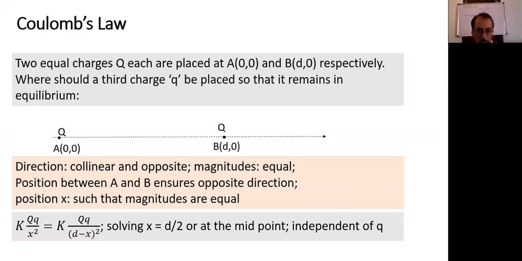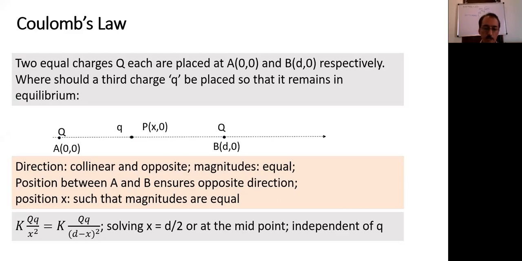So the position is between A and B. If we place the third charge anywhere between A and B, the directions of the two forces will be opposite. Now, the only thing I have to choose is the value of x such that magnitudes are equal.